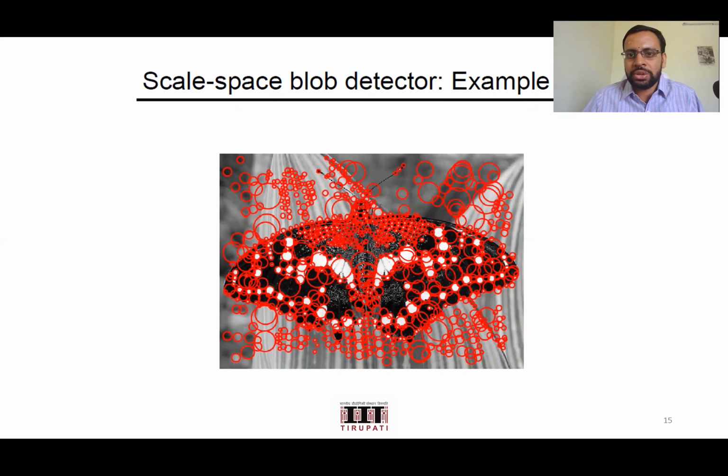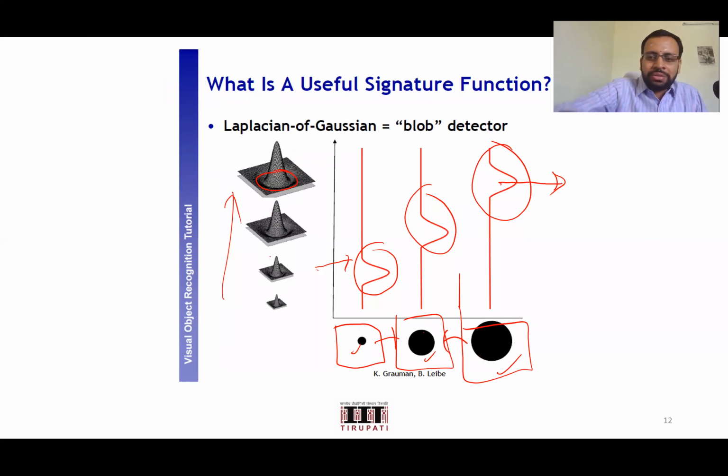Okay, that's why this is referred to as a blob detector, because once you are varying your sigma value there, you get the maximum at a scale that is similar to the radius of the region that you have here for a given object which is roughly circular.